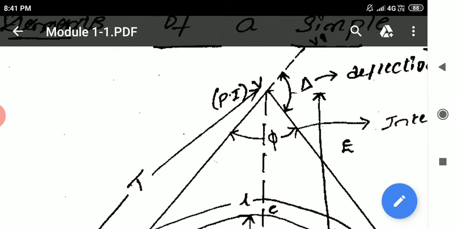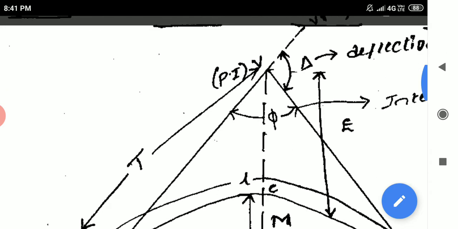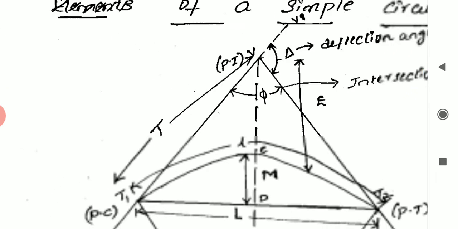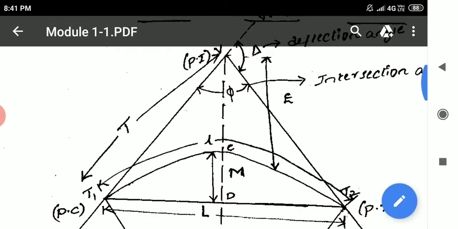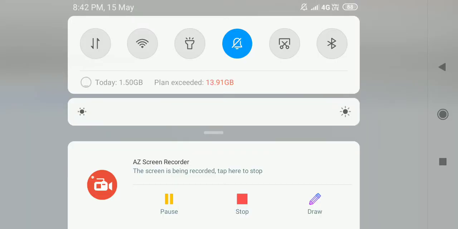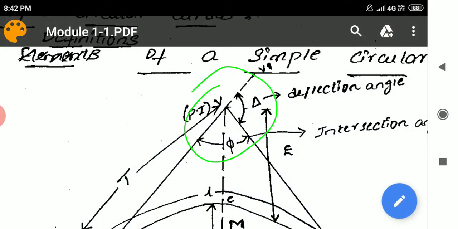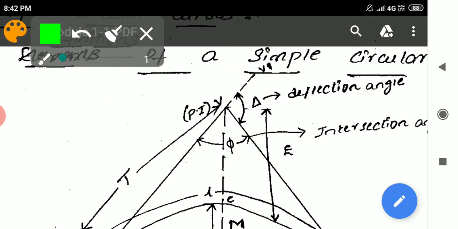Next definition is the point of intersection. See here in the figure, this one is the point of intersection. That is nothing but the vertex V. If the two tangents meet at one point, it is called the point of intersection.